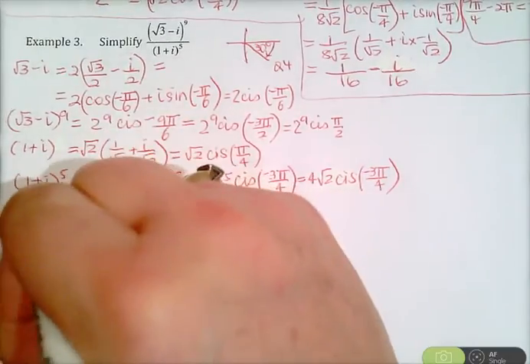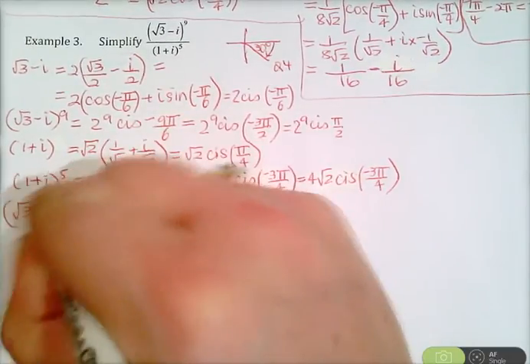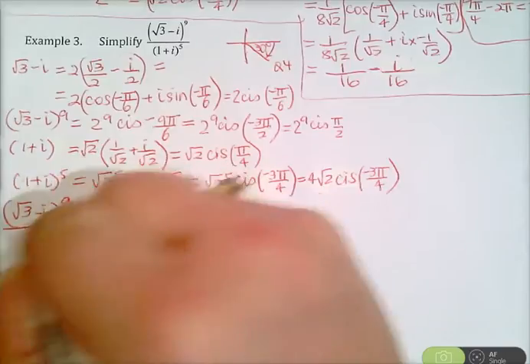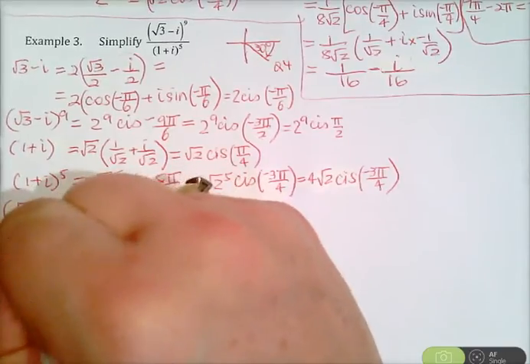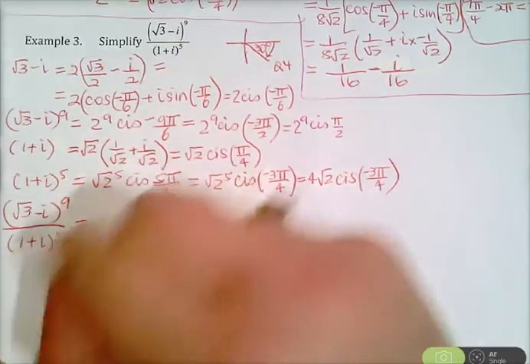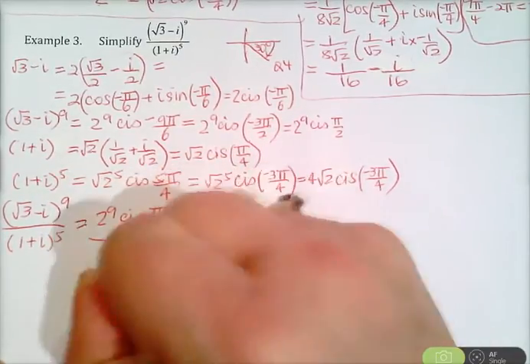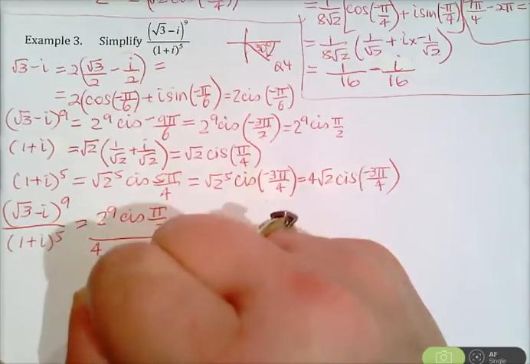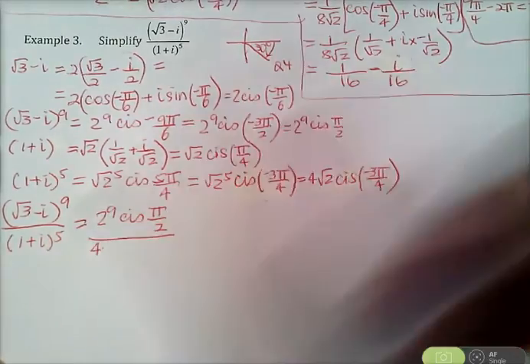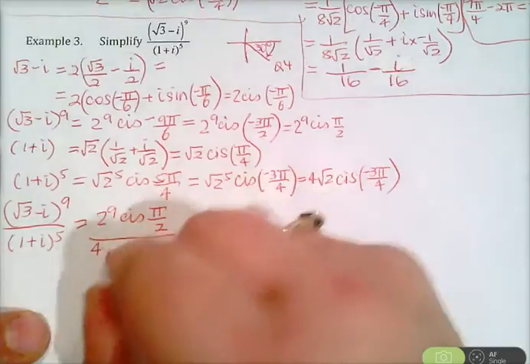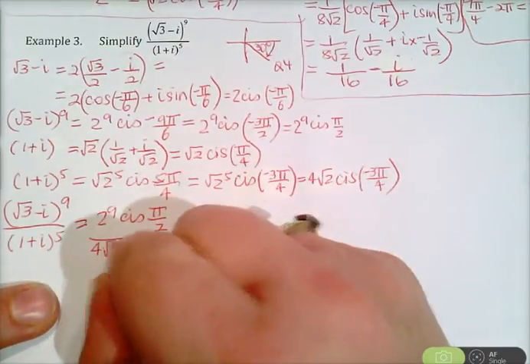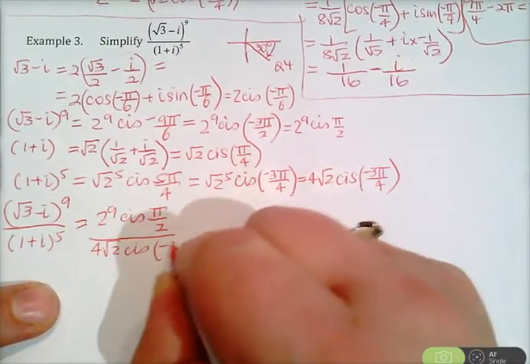So now we're going to look at division of complex numbers. So we've got root 3 minus i to the power of 9 over 1 plus i to the power of 5. That will be 2 to the power of 9 cis pi on 2 over 4 root 2 cis minus 3 pi on 4.